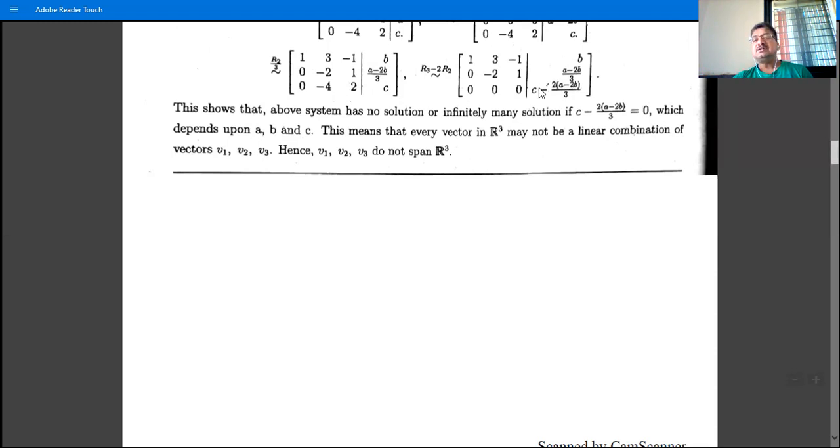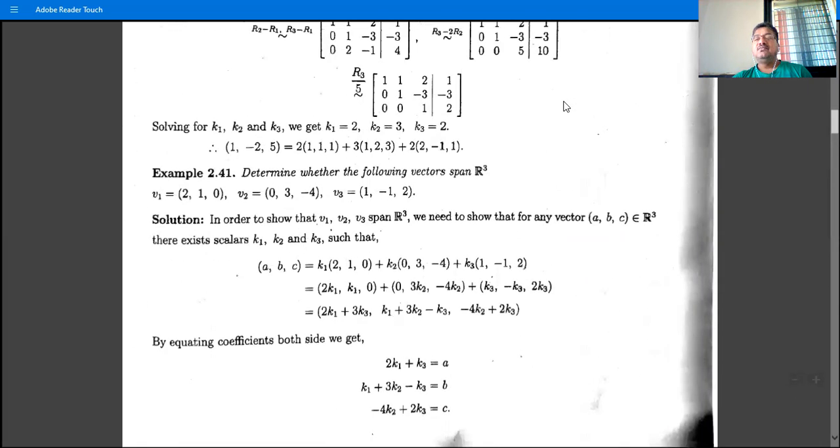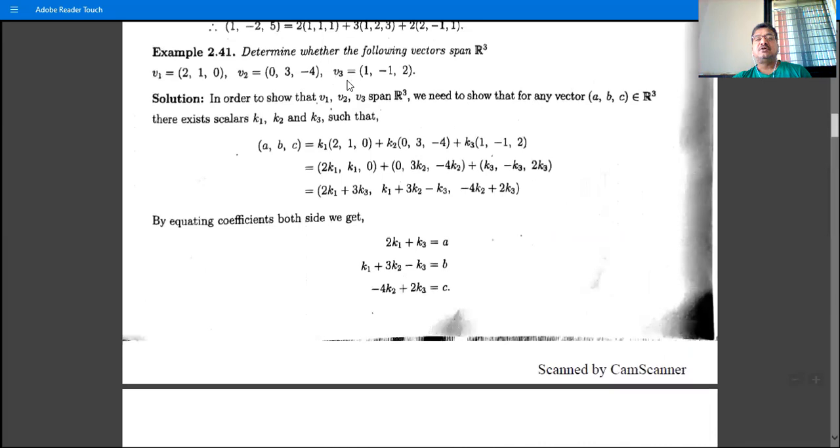But C minus 2A minus 2B divided by 3 is not 0 for all ABC. It is equal to 0 only for some ABC. And only those elements, for which this is equal to 0, can be expressed as a linear combination of V1, V2, V3.